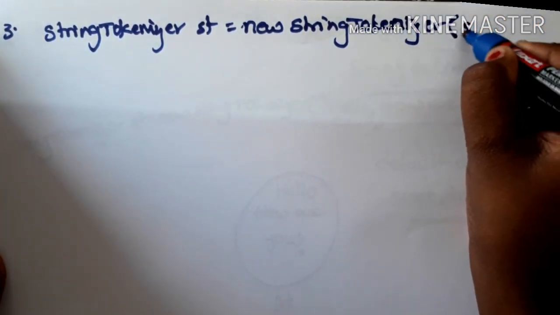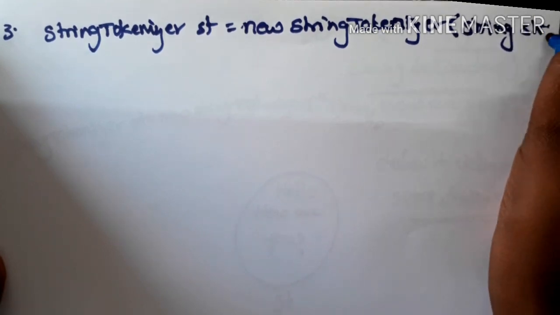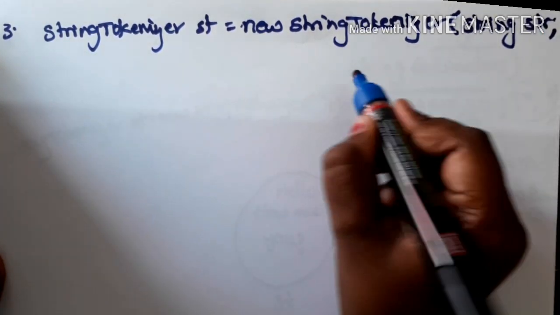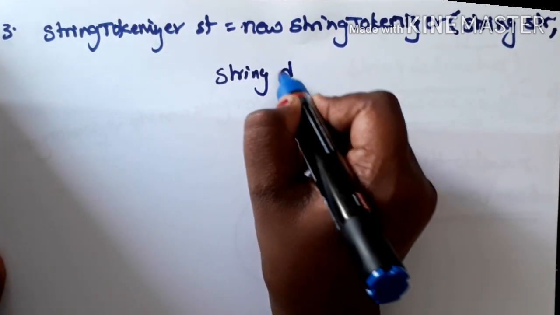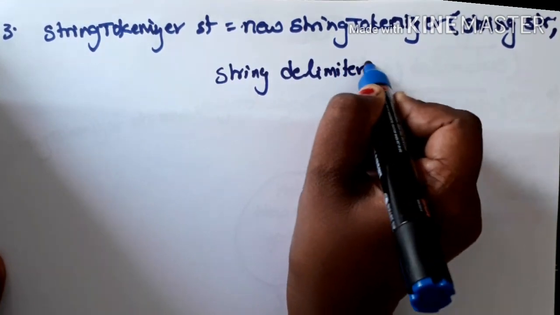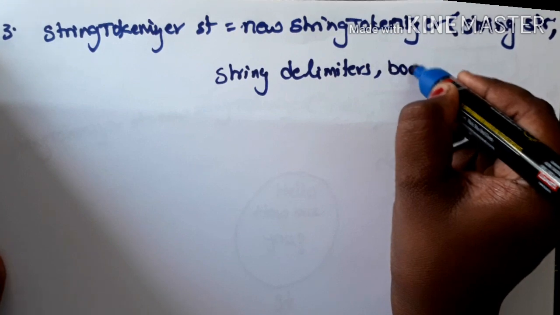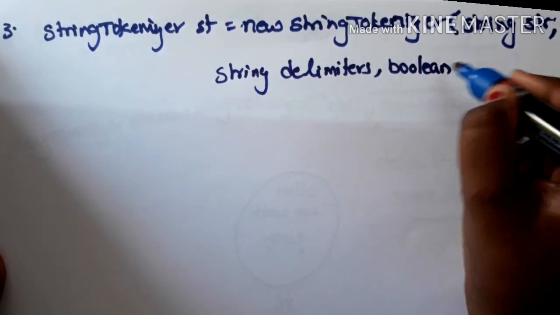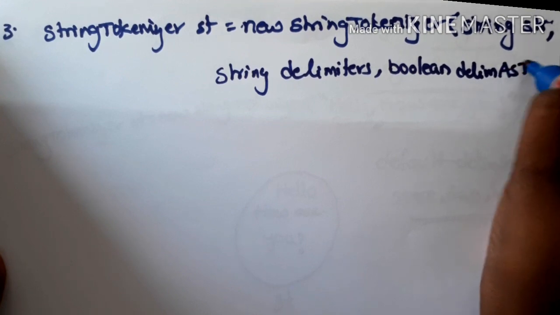At first we need to pass the string, String str, comma, String delimiters, comma, boolean delimAsToken.